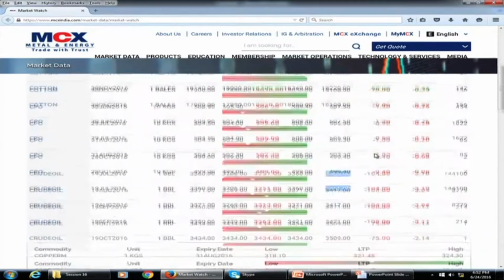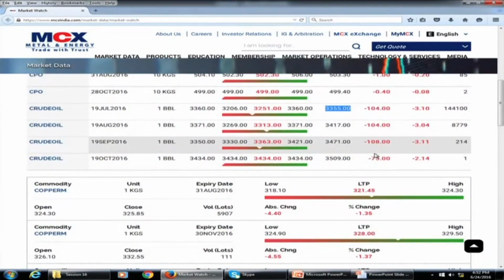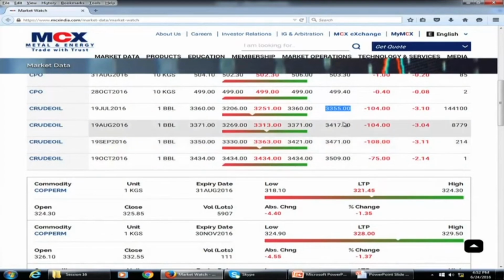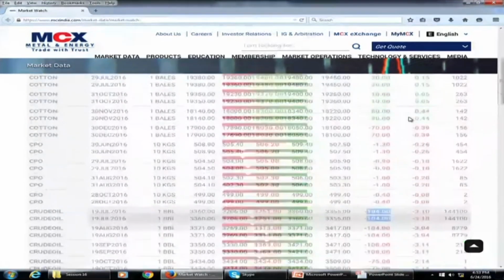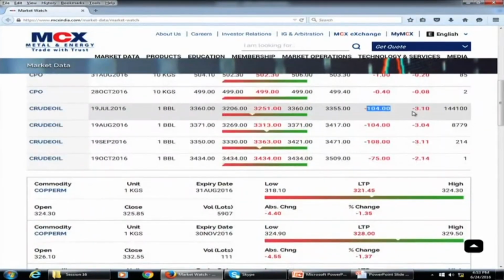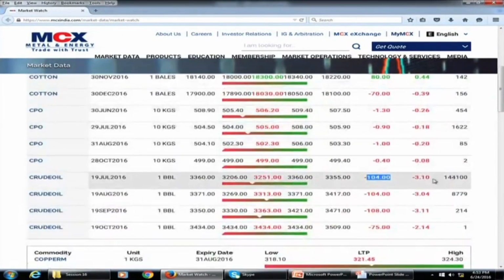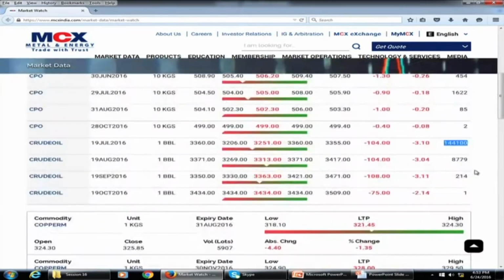So compared to yesterday's close, this current price of 3,251 is a 104 rupees difference, and in percentage terms it comes to minus 3.10. And how many lots have traded today? 1,44,100 lots have traded.